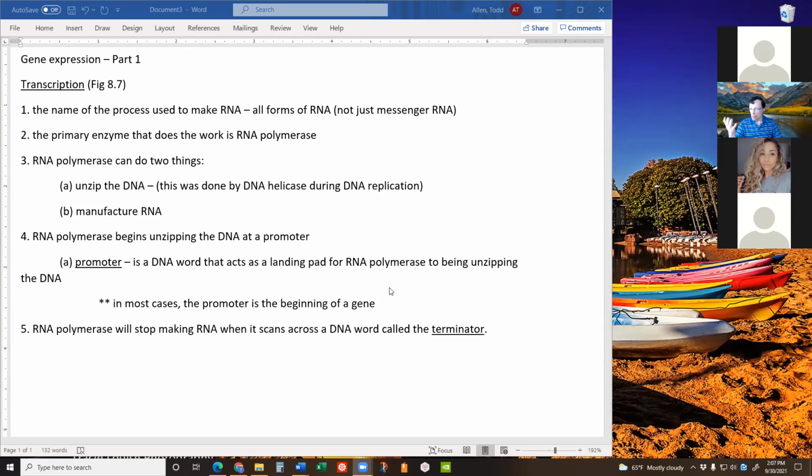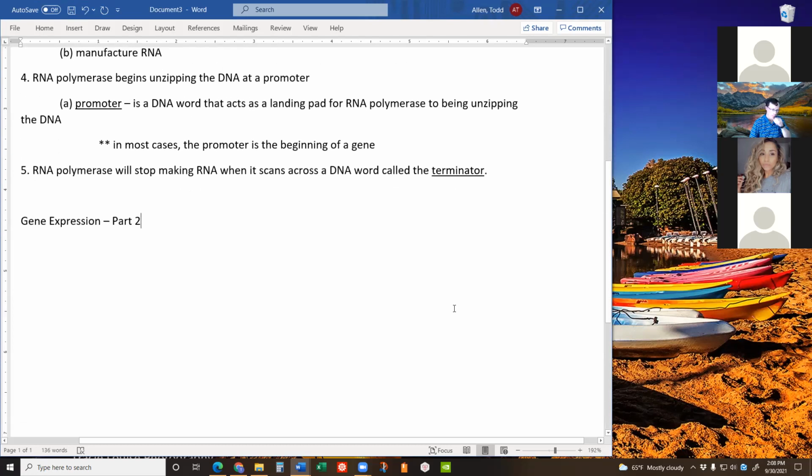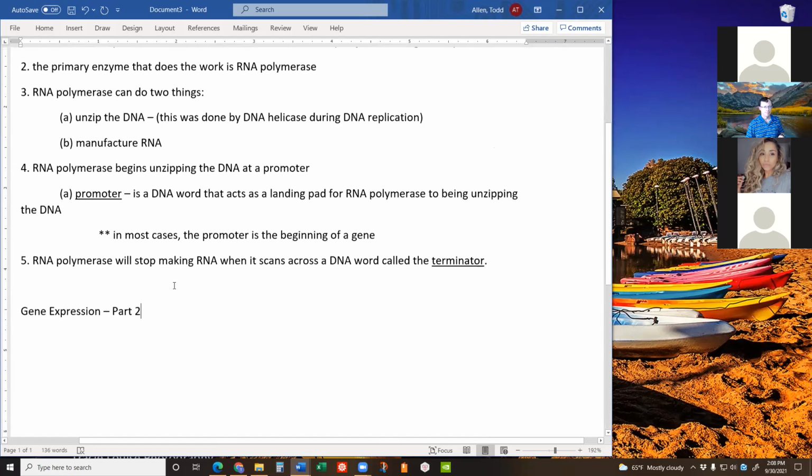Okay. So I'm going to move on to the second part of gene expression, which is translation. Translation has a big, long figure in your textbook, figure 8.9. Gene expression, part 2.